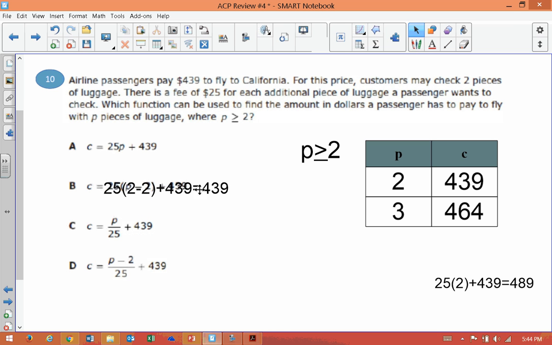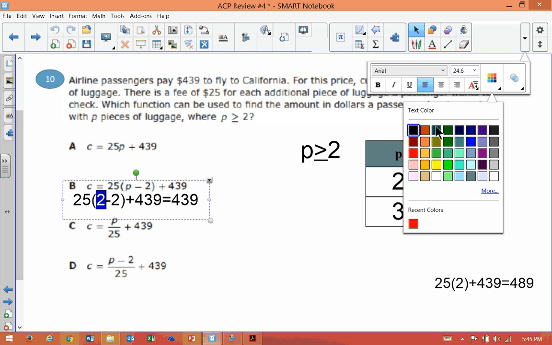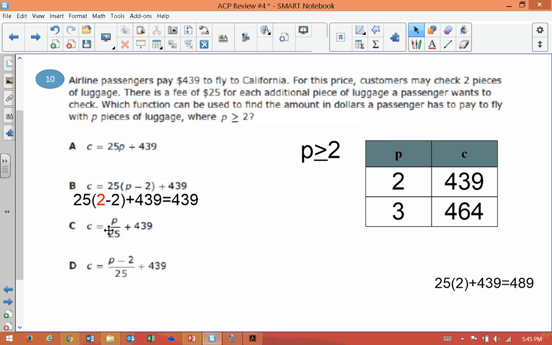With P equal to 2, this one works out. This is where I substituted for P right here, so I'll color that so you can see where we did the substitution. That's my two pieces. That's what P is, and I get 439, which matches very well here.